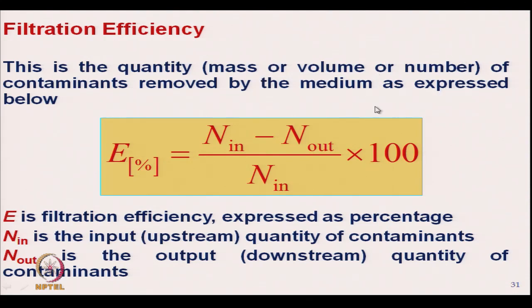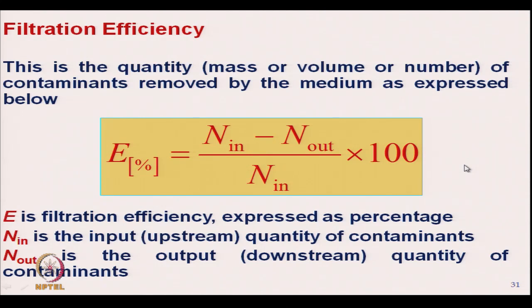So, the quantity in terms of mass, which is input or upstream, is N in, and the quantity downstream, which is out of the filtration medium, is N out. So, N in minus N out by N in, expressed in percentage. That is the filtration efficiency.